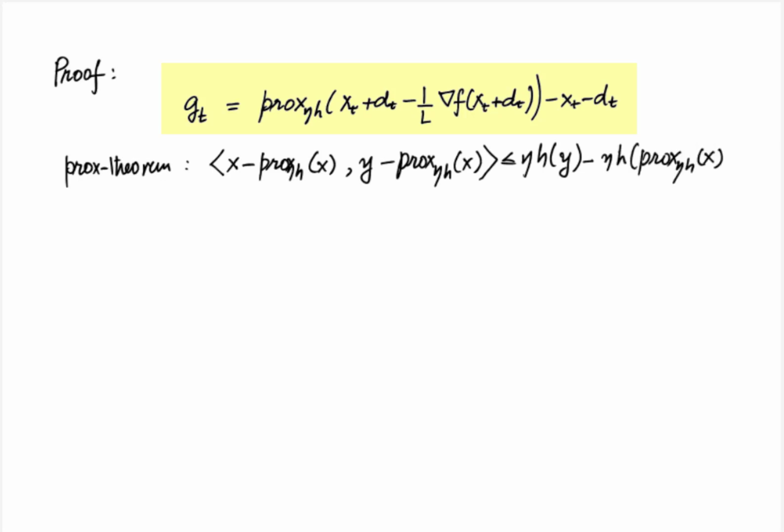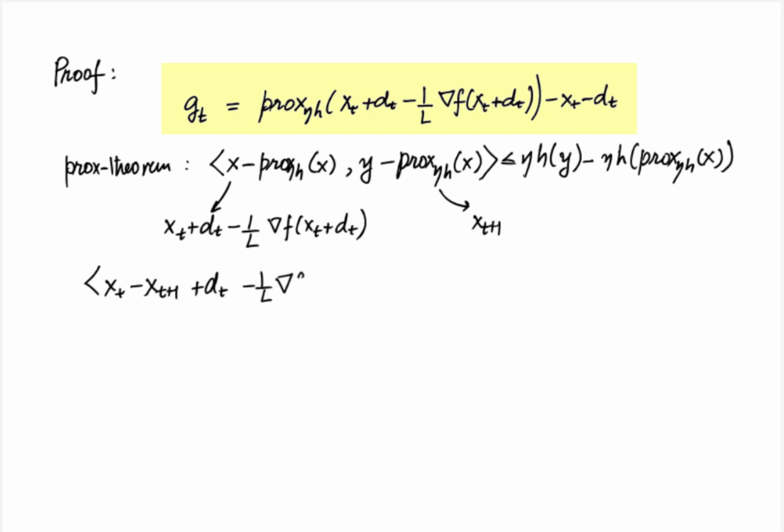So applying that inequality here by replacing x with xt plus dt minus 1 over L gradient f of xt plus dt, and prox eta h of x, where eta is 1 over L, with xt plus 1, we obtain that the inner product of (xt minus xt plus 1 plus dt minus 1 over L gradient of f at xt plus dt), comma y minus xt plus 1 is less than or equal to 1 over L h of y minus 1 over L h of xt plus 1.